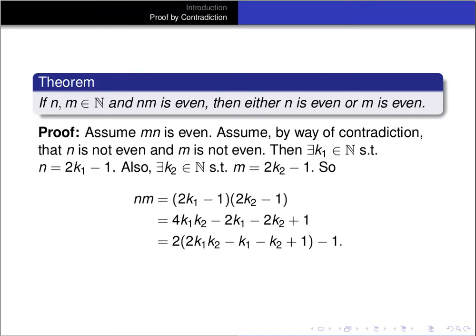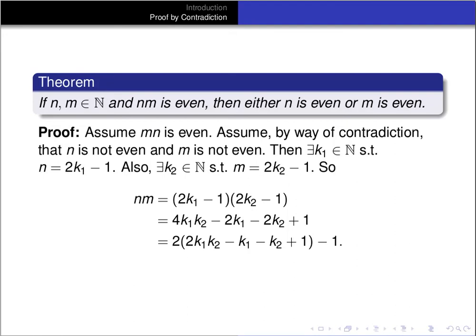Okay, so if we multiply n and m together, we can write the product n times m as an odd number. We get 2k1 minus 1 times 2k2 minus 1. Multiply that out, we get 4k1k2 minus 2k1 minus 2k2 plus 1.